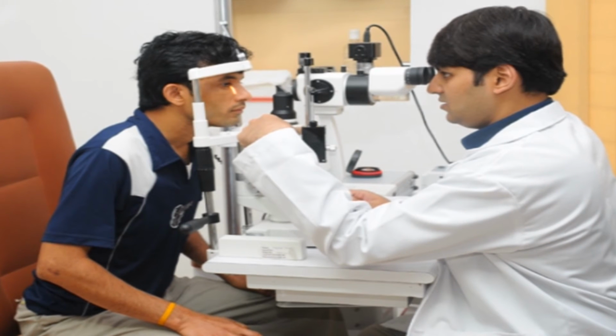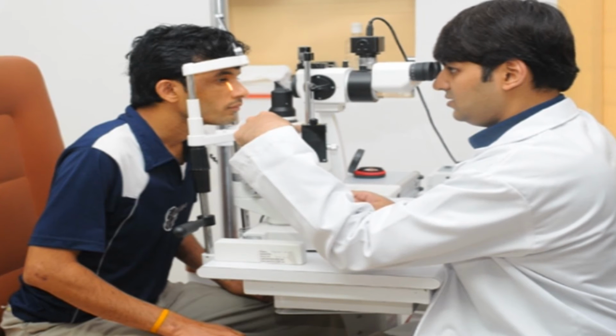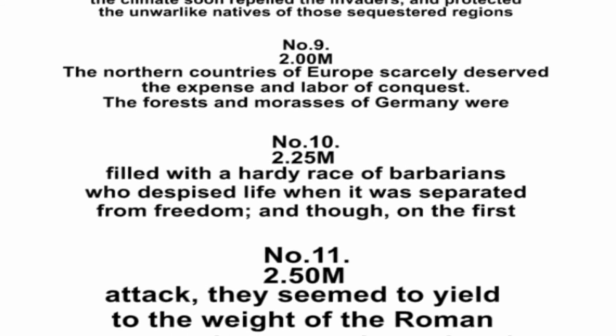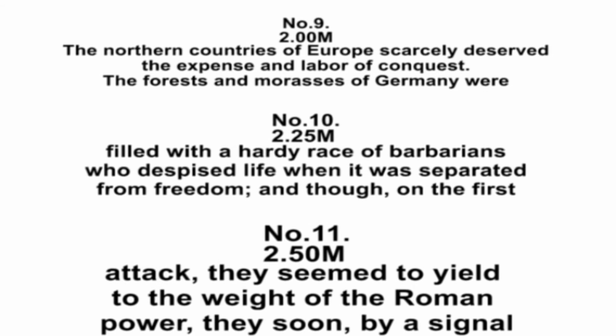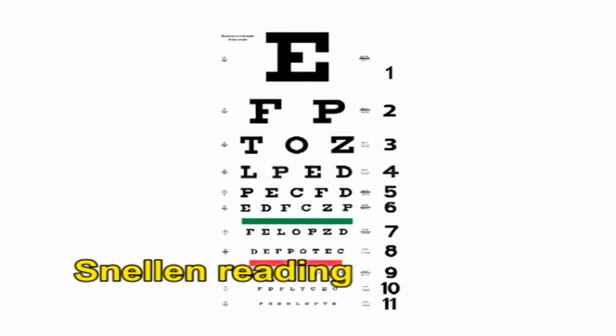When the distance vision has been satisfactorily corrected, the visual acuity at working distance of the patient should be estimated using any of the near vision charts like the Jaeger's chart, Snellen's reading test types.